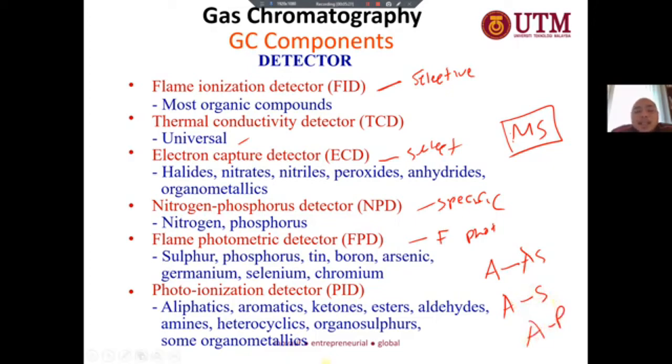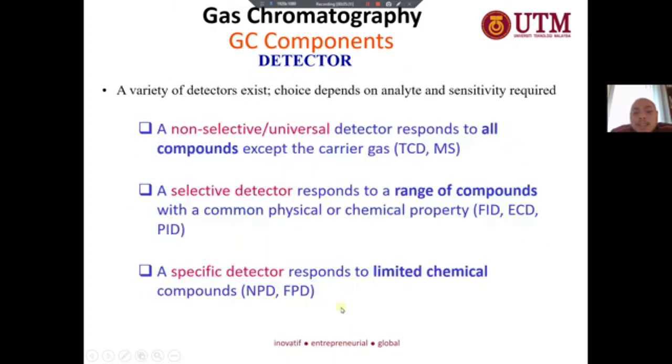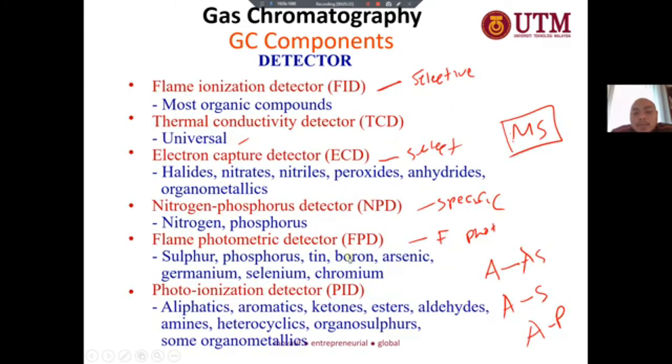Then the last one we have the PID. PID is the selective detector, so it can detect a range of compounds, for example aliphatic, aromatic, ketone, ester, aldehyde, amines, heterocyclic organosulfurs, and some organometallics.